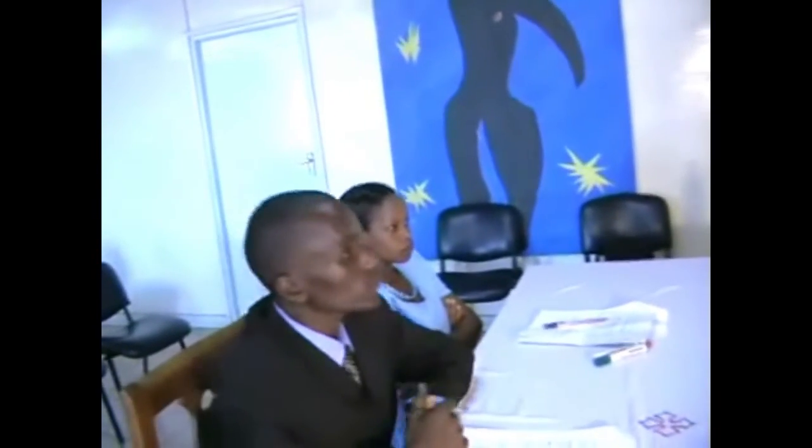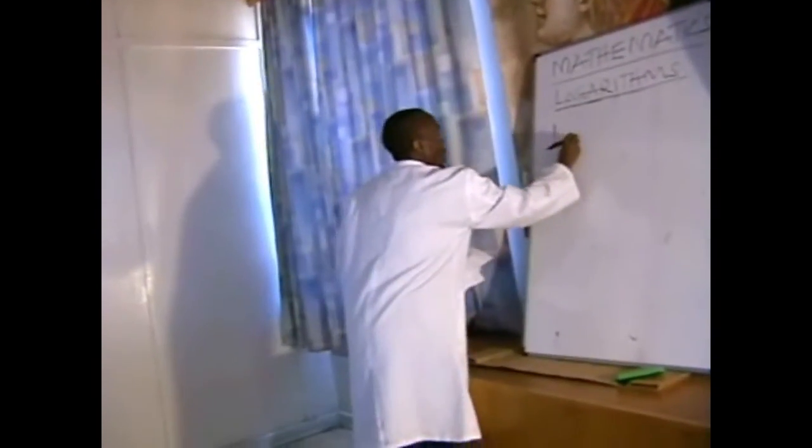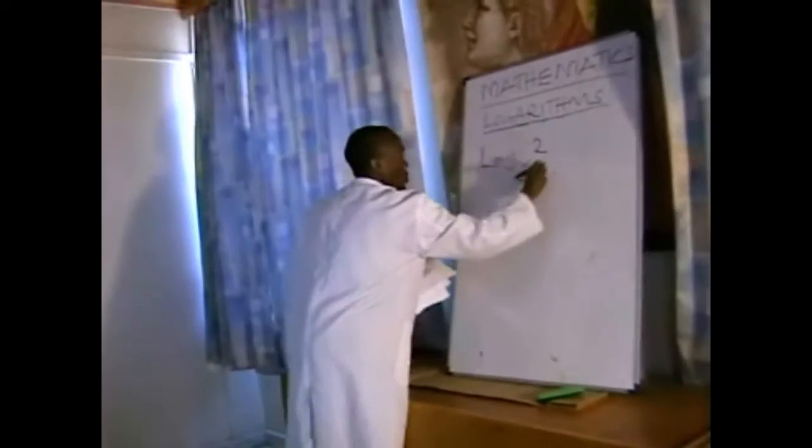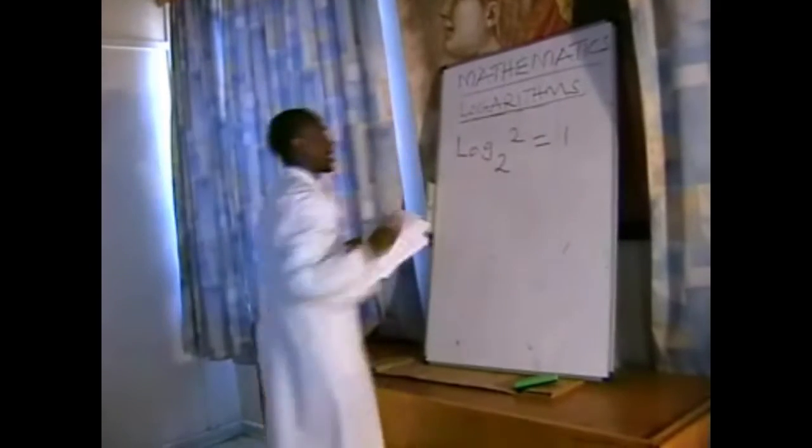So it is very, very much important to know how to express numbers in index form and in logarithm form. You can see, for example, 2 to the power of 0 is 1. So we get back to our index form once again. Log of 2 base 2 is equal to 1, for example.